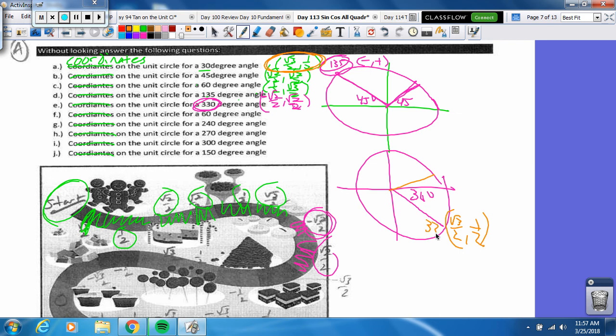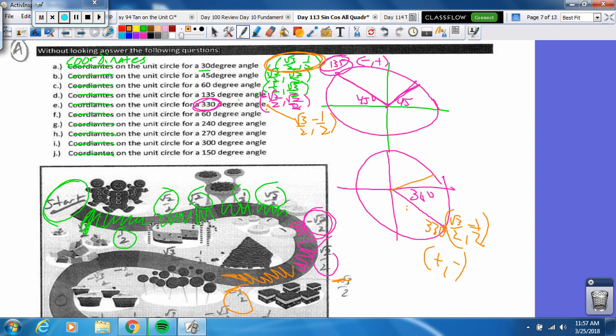That's where 330 is. Okay. Quadrant 4 has got positive x, negative y. So it's radical 3 over 2, right down here. Radical 3 over 2, comma, negative 1/2. Radical 3 over 2, boom. Negative 1/2, boom.